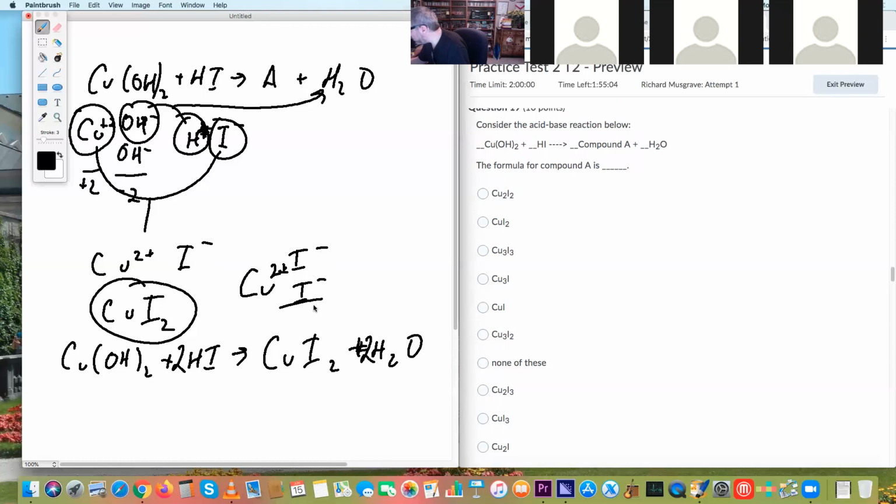That's -2 and that's +2. So if the positives and the negatives match, then it's a neutral compound. By neutral, I mean it has no net charge on it, because the plus and -2 balance out. Is that okay, Ashley? Yes, sir.